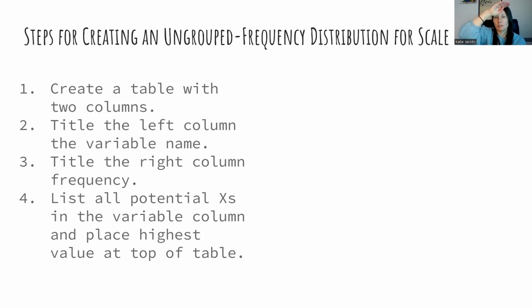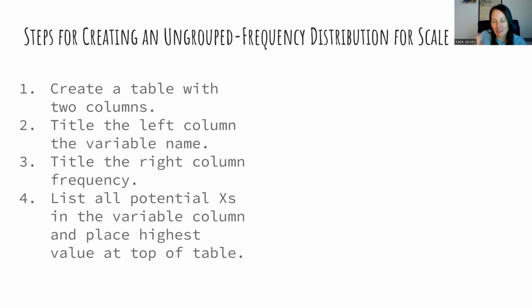We would start at the top with the variable and it would have 100. And then we'd list every single value all the way down to 0. That's actually kind of a tricky situation because we would never make an ungrouped frequency distribution table with that many rows. So that may not have been a super great example, but that's the one we're going to use because that's what I started going with.